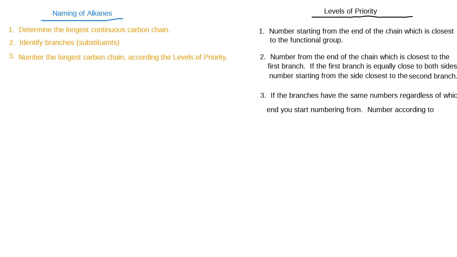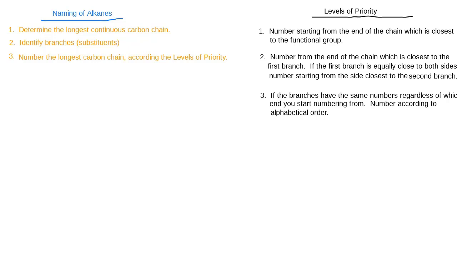So that's your 3 levels of priority. First level of priority is functional group, second level of priority is lowest numbers on your branches, third level of priority is alphabetical order. Okay.